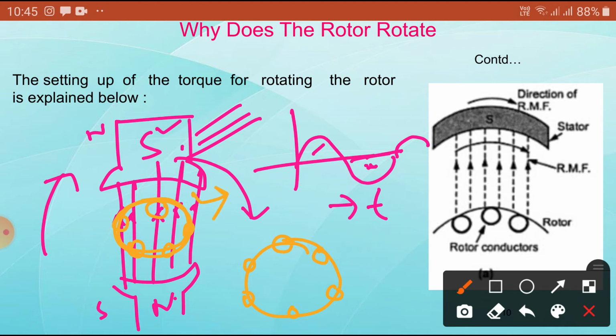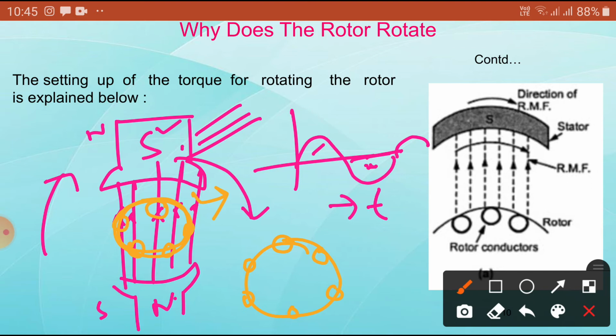Let us assume it is swept and cut by these conductors. As per Faraday's laws of electromagnetic induction, it induces an EMF in the conductors. So the relative motion of the rotor with respect to the stator is in the anti-clockwise direction.